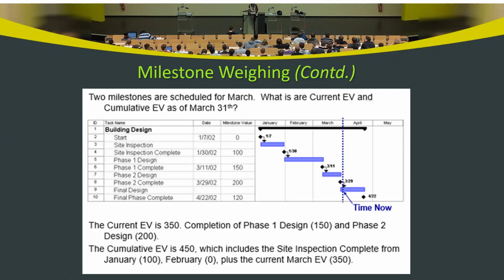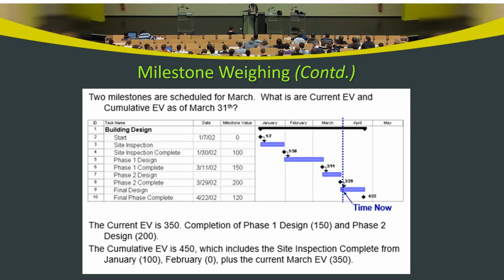But in this case, because we are at end of March and we have these three bars, see the three bars, they are already completed. You see the three milestones right here, diamond shapes. So the project has completed the site inspection, which is worth 100. And phase 1 is complete, which is 150.